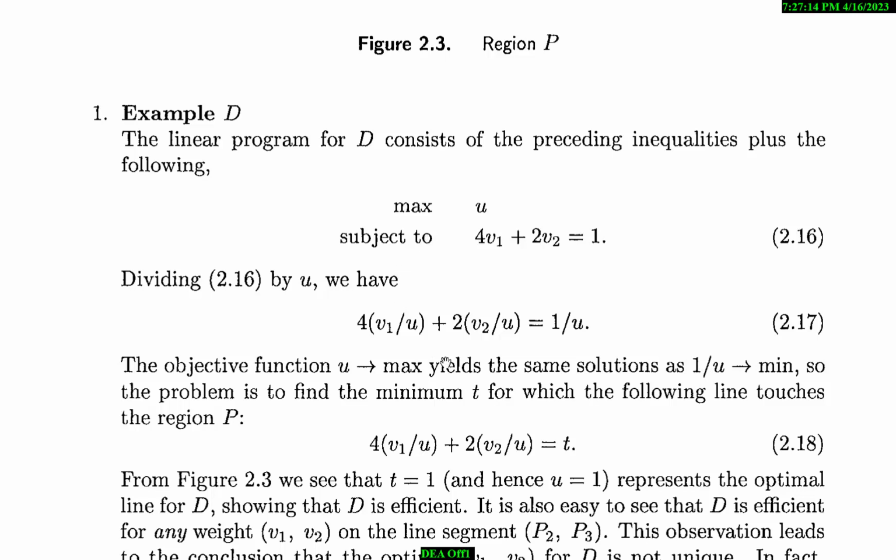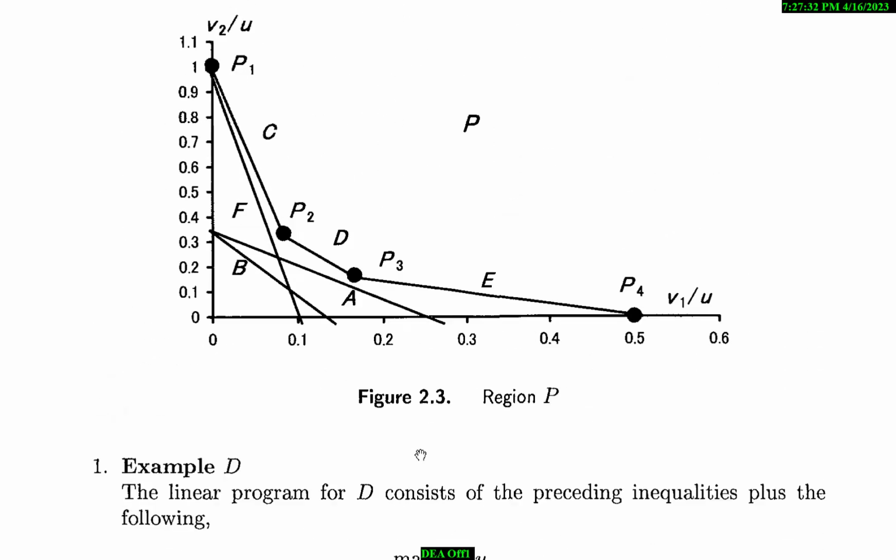So we want to minimize T when T is equal to this value. This means this is the objective function which should be minimized in this region.